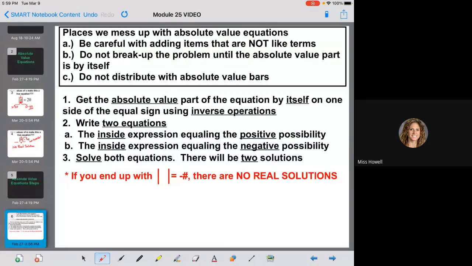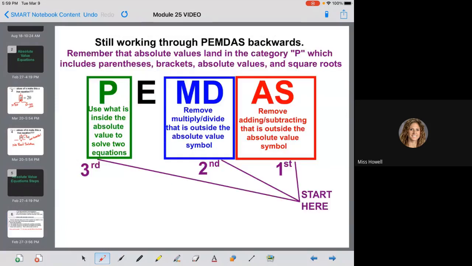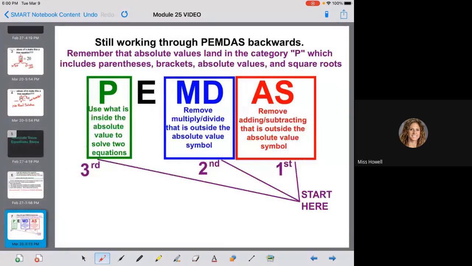All right, you really need to think about your PEMDAS backwards as we navigate through these problems. When you're thinking about your inverse operations and solving an equation, remember you always want to start with removing any adding or subtracting first.